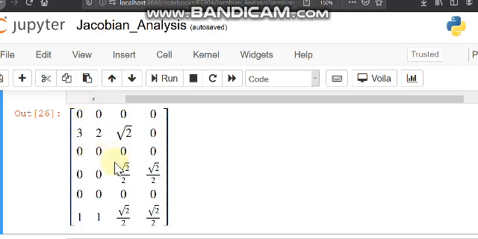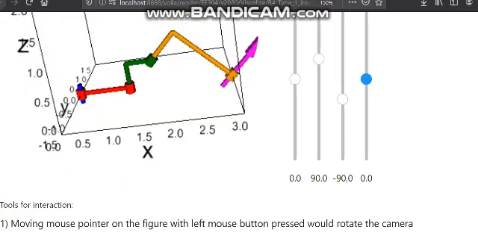Further, the rotation of the last frame would be about this axis. In this particular case, this is the Z axis. This is what this set of numbers would say. This is based on the meaning from which we derive the Jacobian matrix. Now let us see how far this is true by looking at the interactive app.